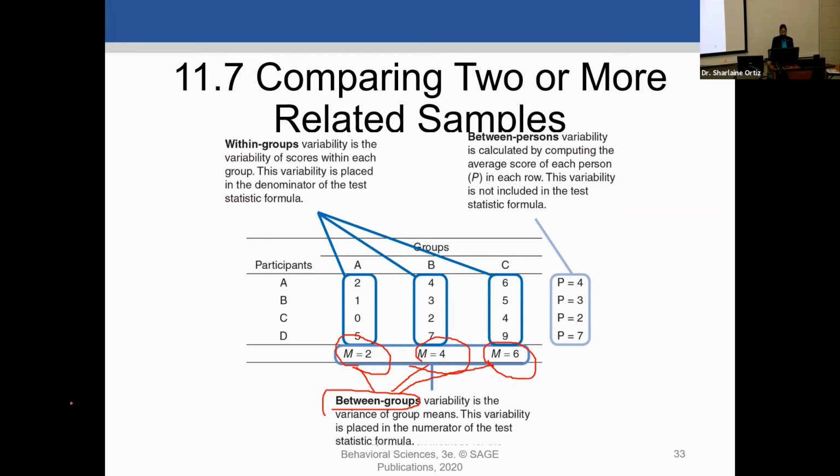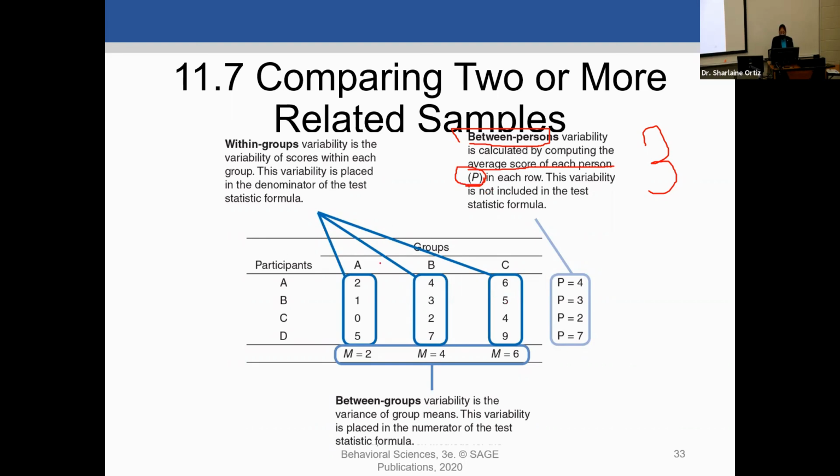And lastly, our third source of variability is that of between persons. In order to understand the between persons variability, we will have to do some calculations. What we're trying to do is calculate the average score of each person, and it's going to be illustrated in the P row.